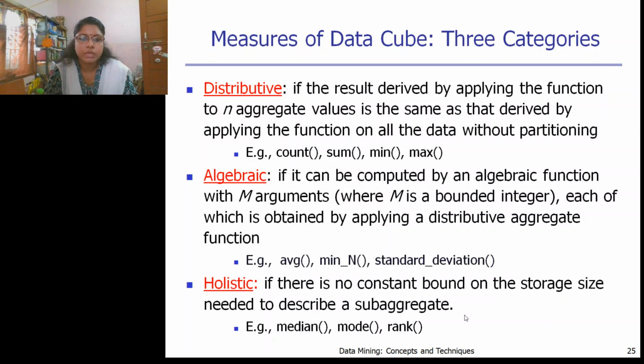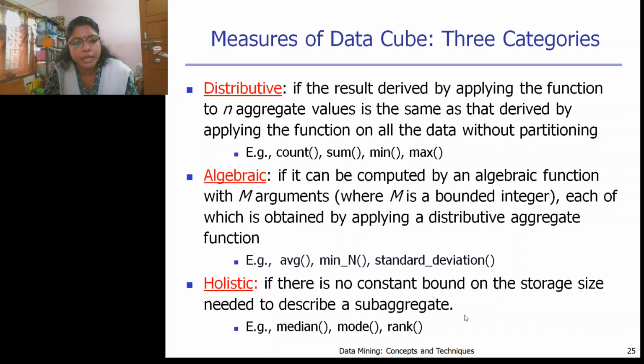If you are computing that particular measure by using an aggregate function or aggregate values, that is called the distributive category. Examples are count star, sum, minimum, maximum; all those come under the distributive measures of the data cube.